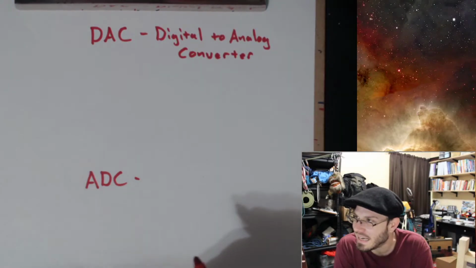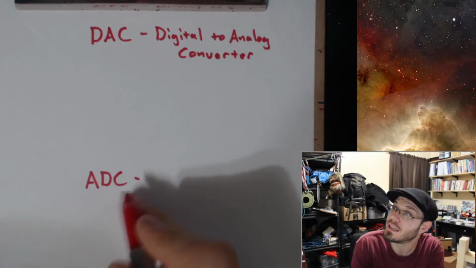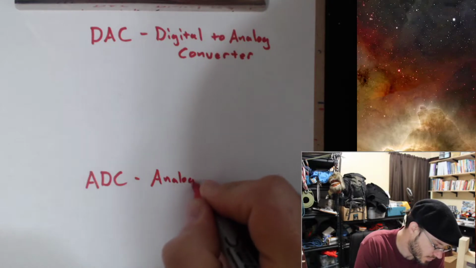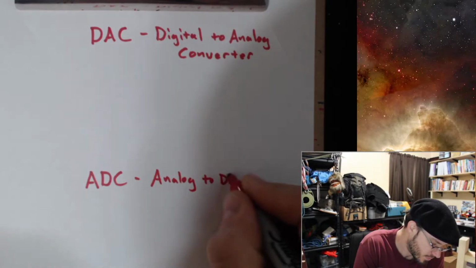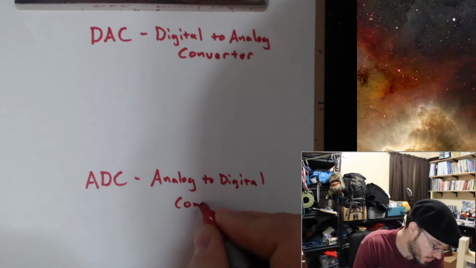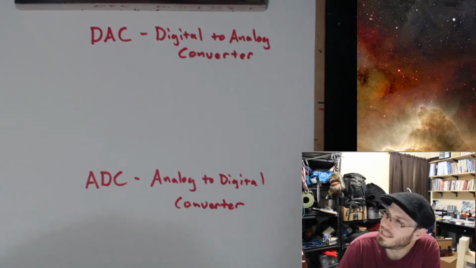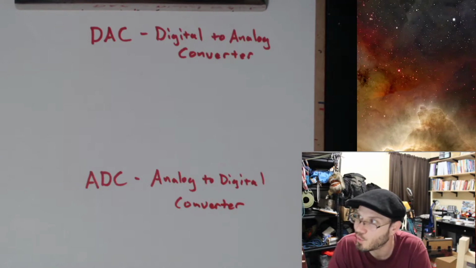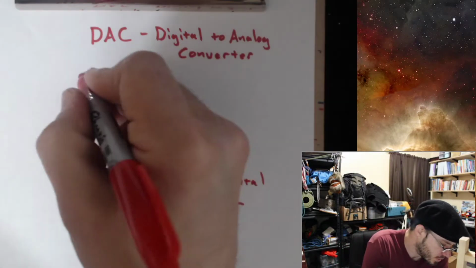And an ADC stands for an analog to digital converter. And if we're talking about a digital to analog converter, you're converting a bunch of ones and zeros into an analog voltage.